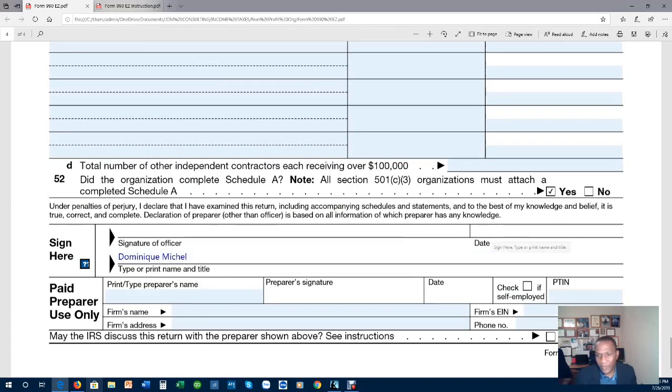You have the date of preparation here, and then the printed name of the preparer. Basically this is for the officer. Officer name will be here, date, type name and title, and then the preparer would be here.